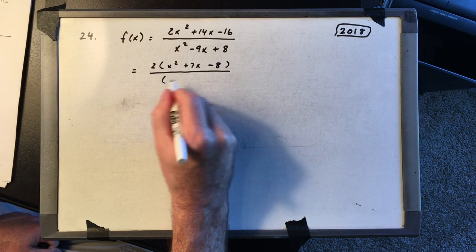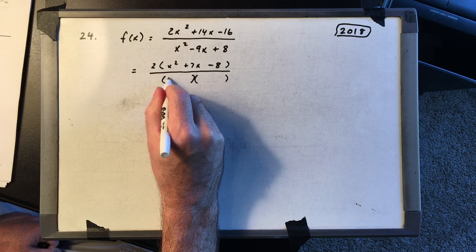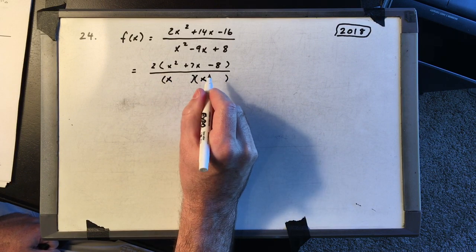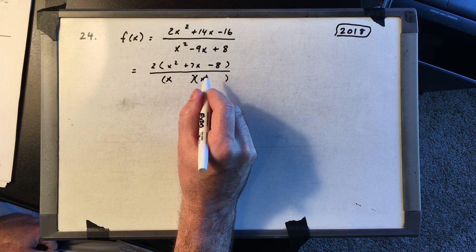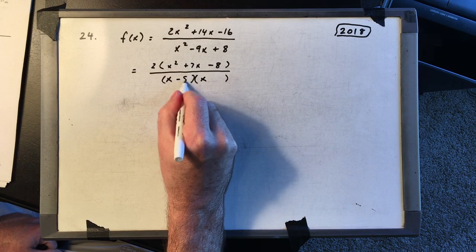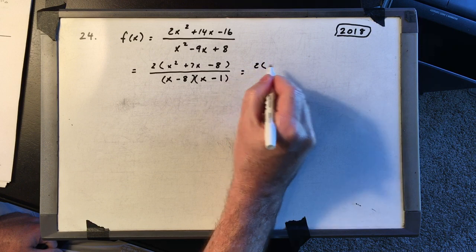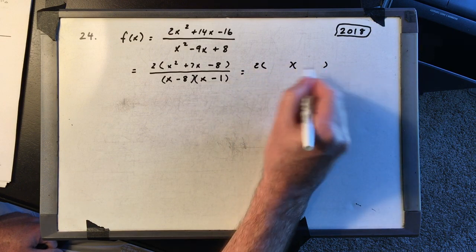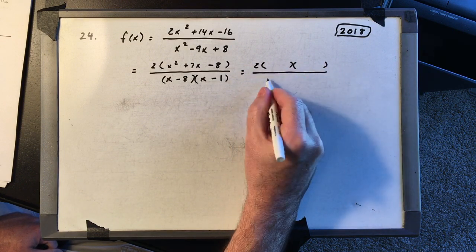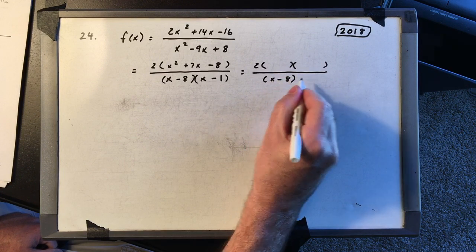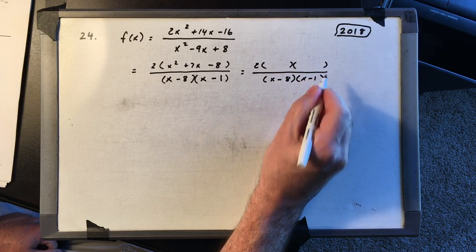On the bottom, if we factor that, we'd have x minus 8 and x minus 1.